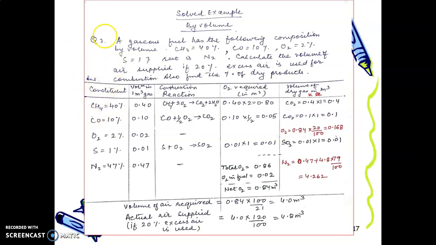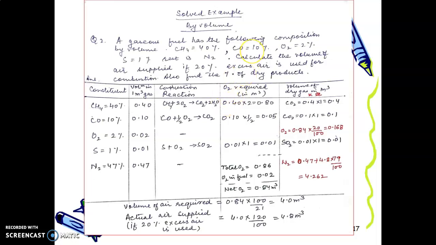Accordingly, you can convert these values into volume in 1 meter cube of gas, that means we are dividing by 100. The combustion reaction can be written for each and every constituent, similarly as we have written in weight. This step changes here because we are talking about volume, so we won't take the amount of weight.